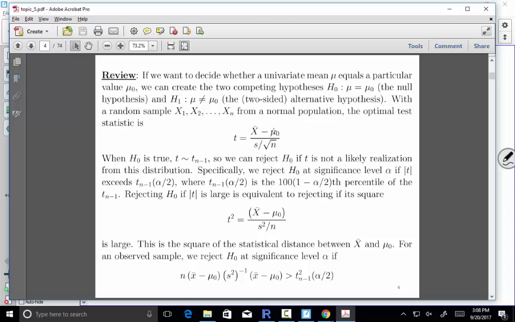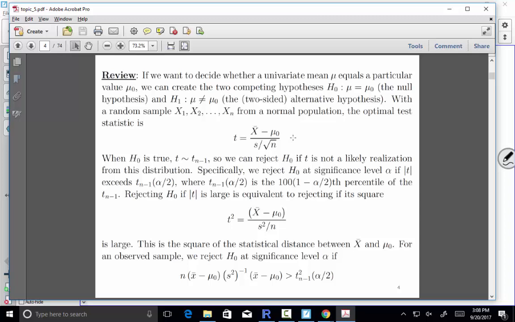We construct a statistic. So we said in the whiteboard just now that x bar is a statistic. Anything that you compute from data is a statistic. For the purposes of hypothesis testing, we typically want a specialized statistic that we refer to as a test statistic.